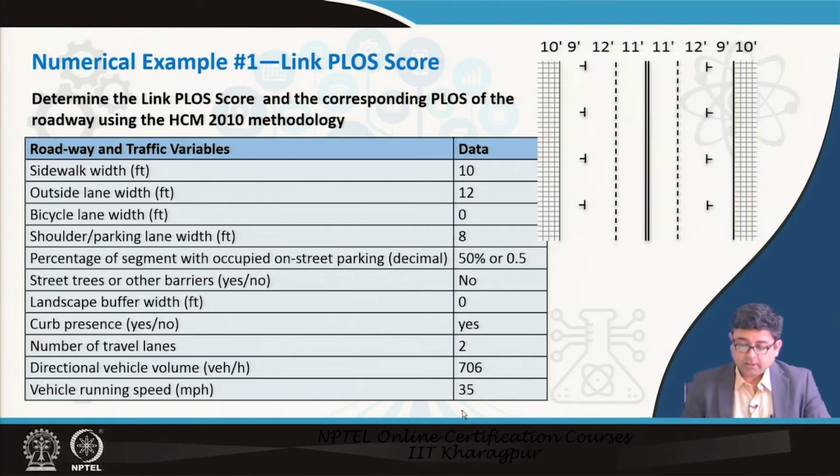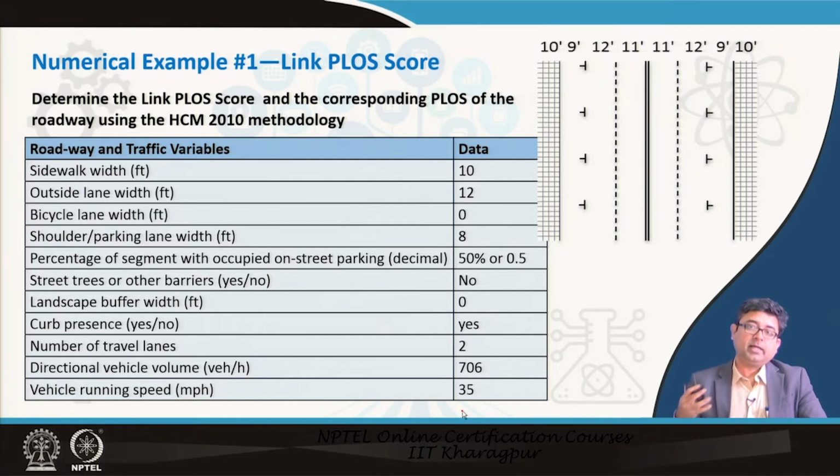So, let us give you a simple example where you will understand what inputs are needed. Inputs meaning what data you have to actually collect in the field. If there is already data available, then it just becomes an exercise of plugging that data into this empirical equation and determining the pedestrian level of service. However, in Indian conditions, you may not have all this data available to you at a point in time.